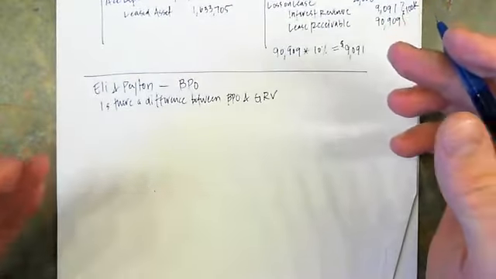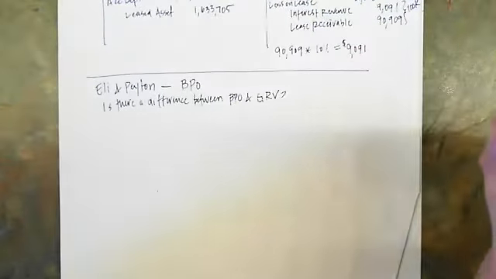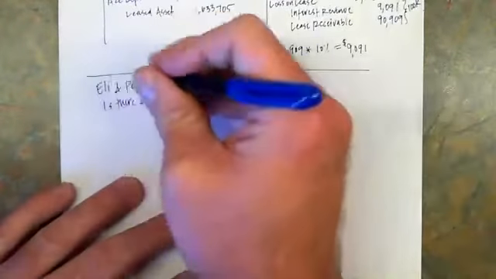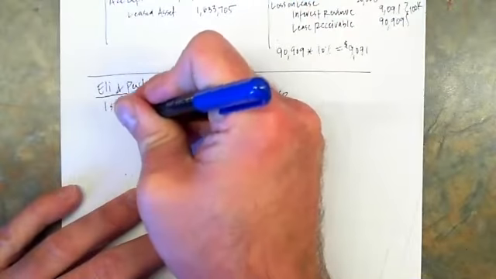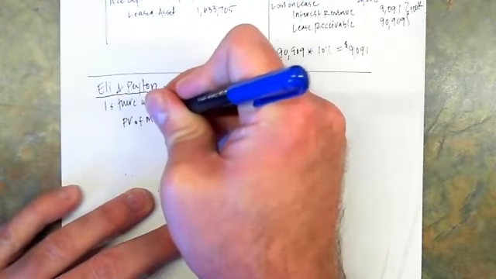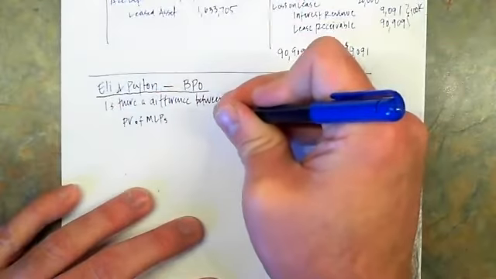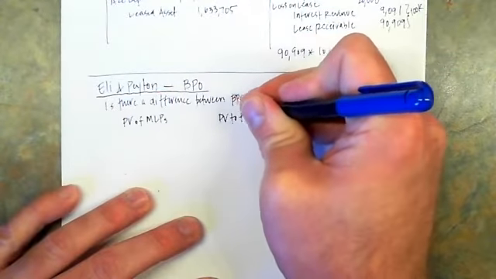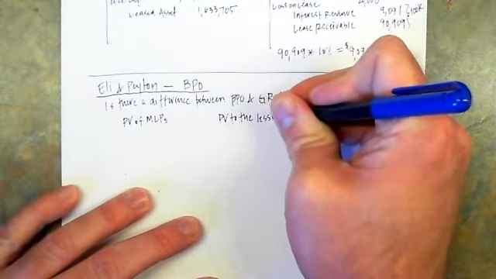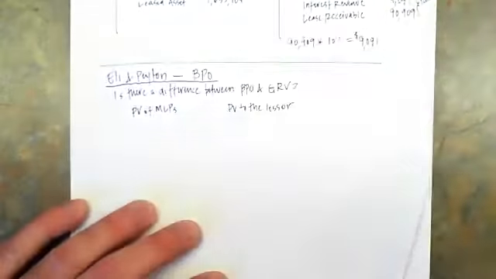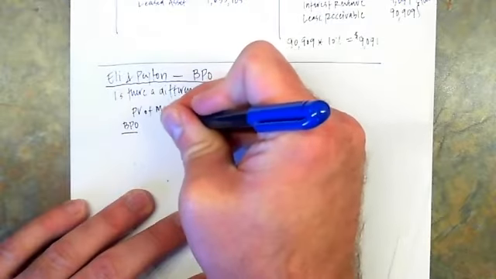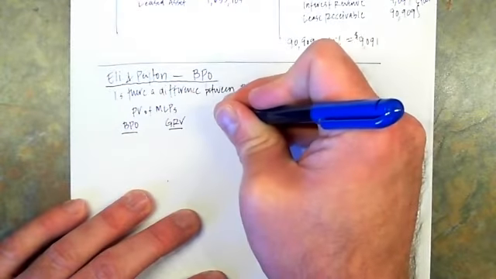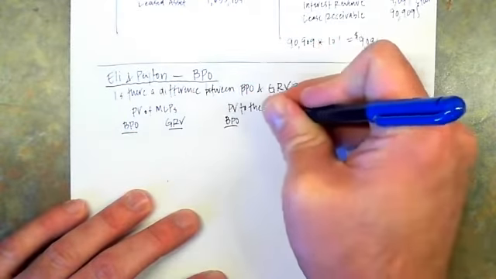You should be able to answer this question. The best way to really see it is by looking at the present value of MLPs and the present value to the lessor. Now, what's it look like under the BPO? What does it look like under the GRV?